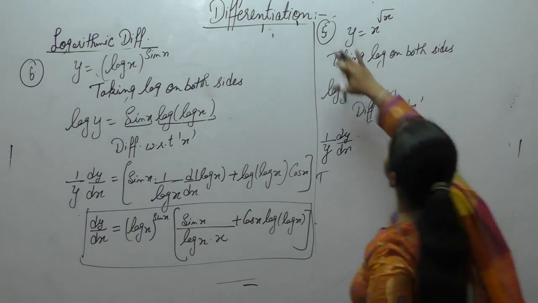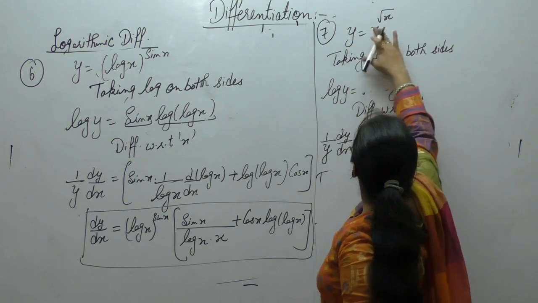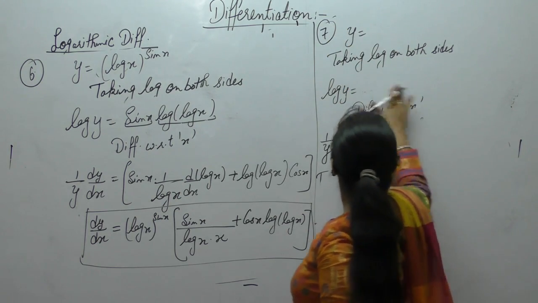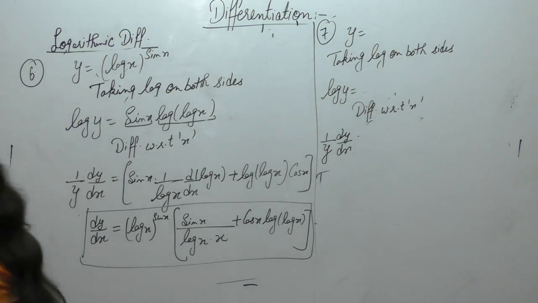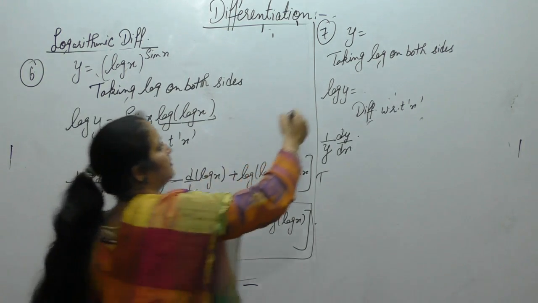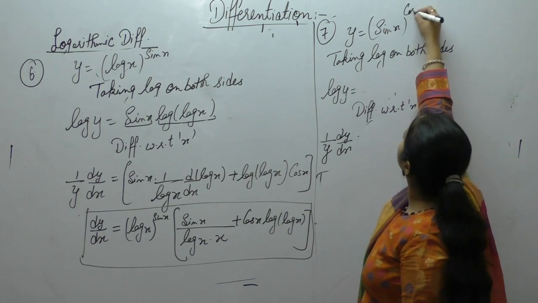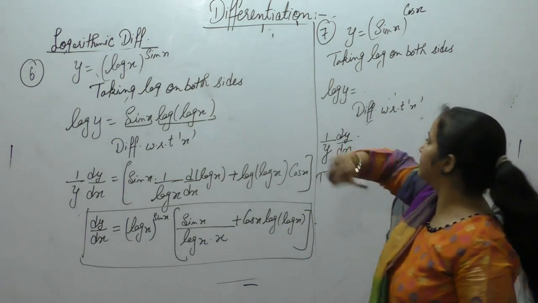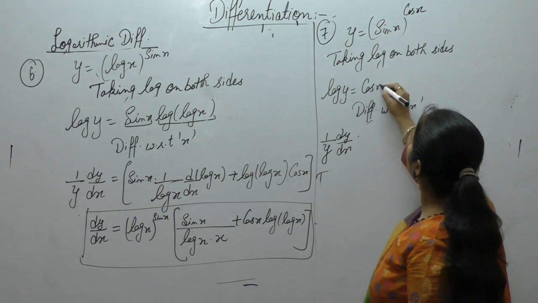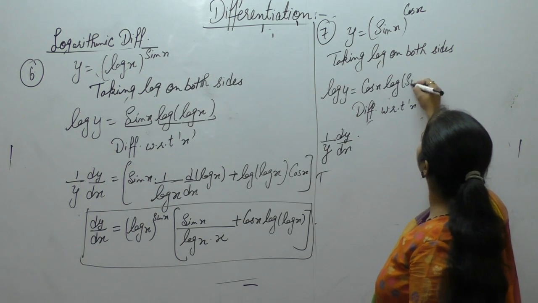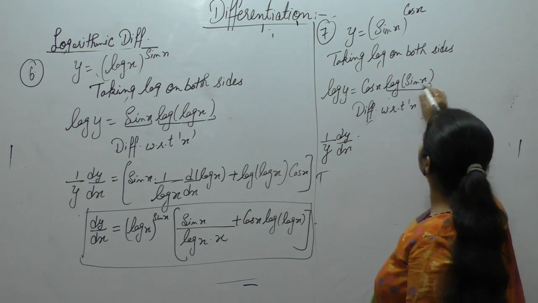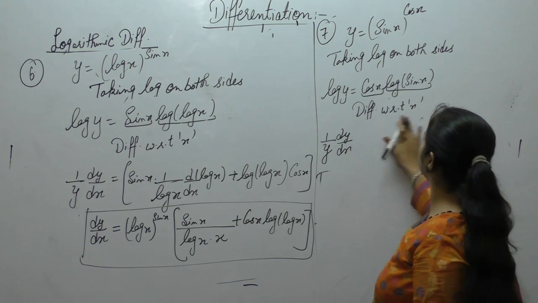Next one is y is equal to sin of x power cos of x. Taking log on both sides, log y is cos of x into log of sin x. Again u into v rule.